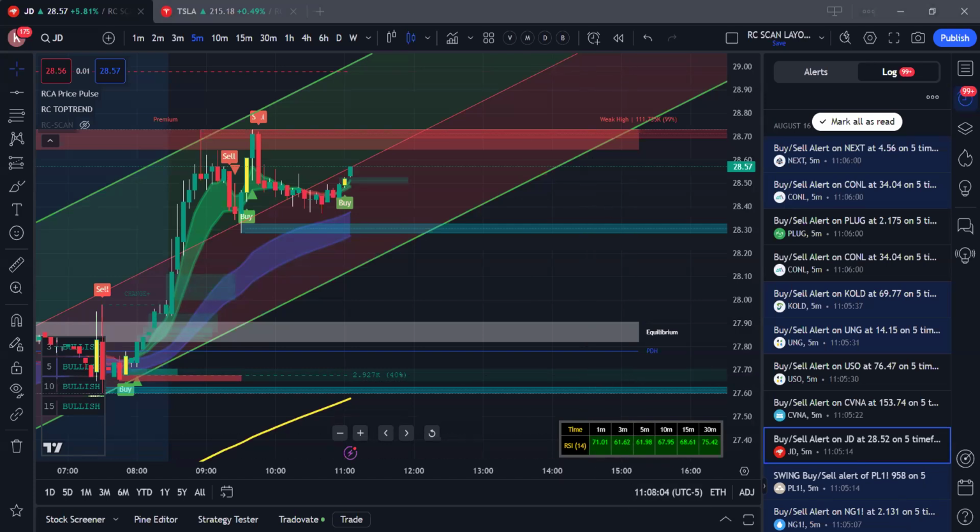Buying JD 28.5 call for August 23rd, around 6.63.